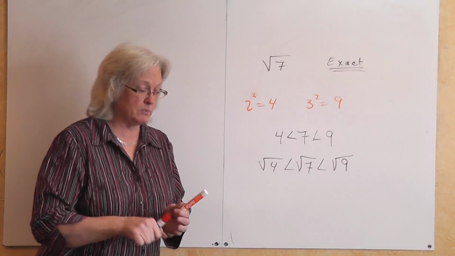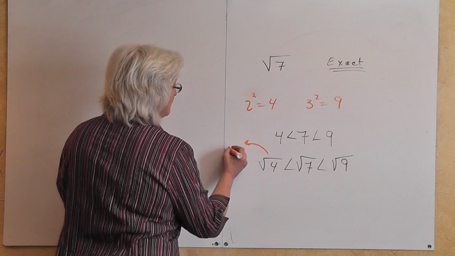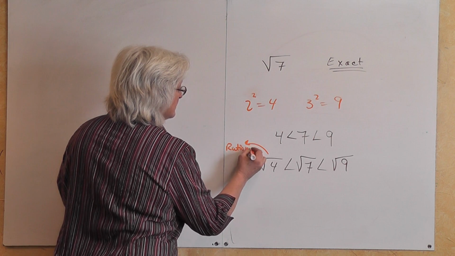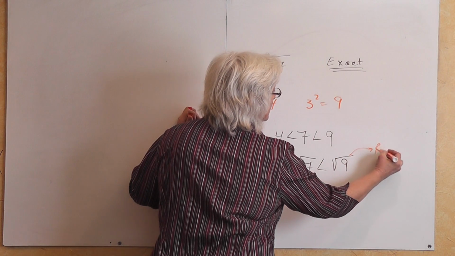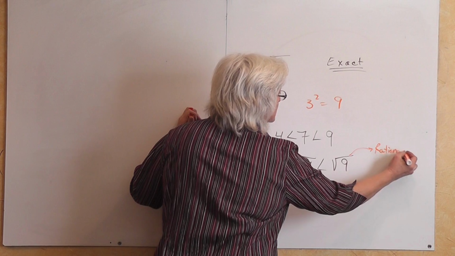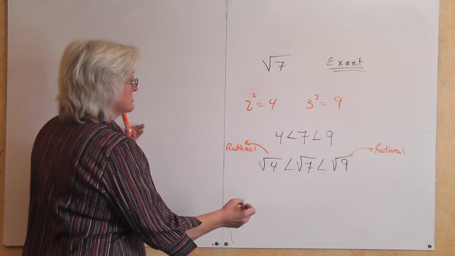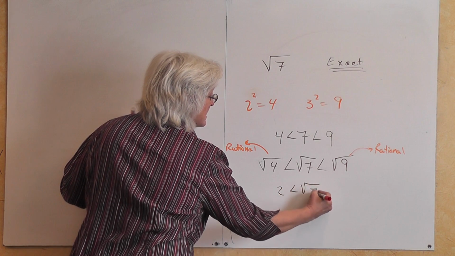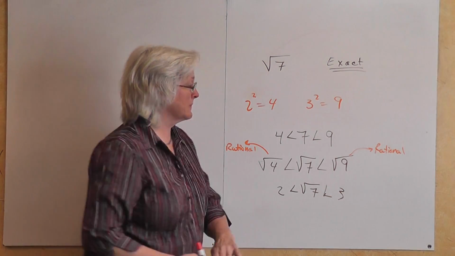But now is when we have the rational and irrational things. Square root of 4, that's rational, isn't it? Because we can say that the square root of 4 is 2. And the square root of 9 is also a rational number because that's 3. So we have 2 is less than the square root of 7, which is less than 3.